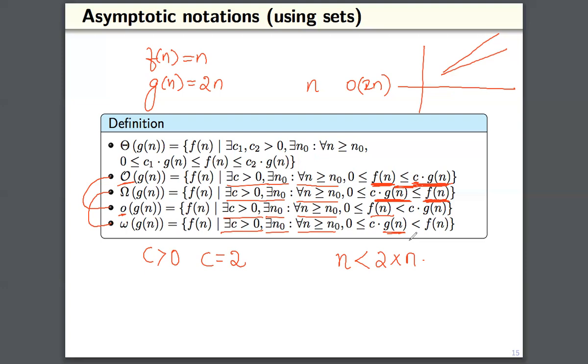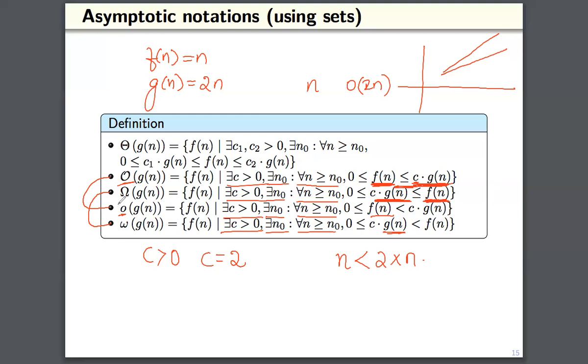Then we can say for small o of g n, this condition is satisfied, where f of n is less than c times g of n. I think this is valid. It satisfies the small o. Right.